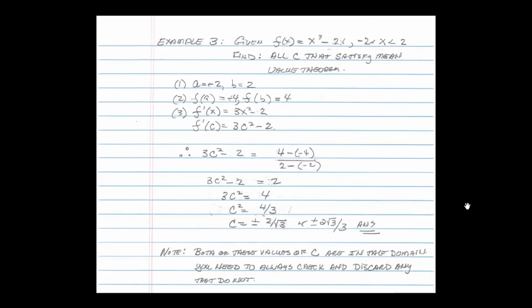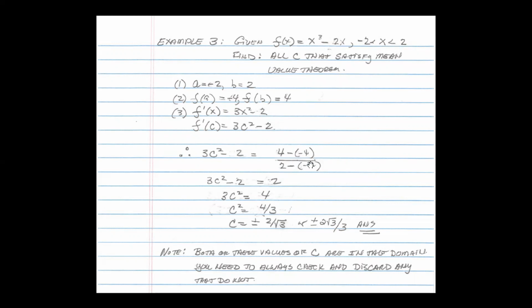Plug into that. And when we do, we get f prime of c is equal to f of b, which is 4, minus f of a, which is -4, over b, which is 2, minus a, which is -2. And so, of course, this is going to be 4 minus -4. 4 plus 4 is 8.